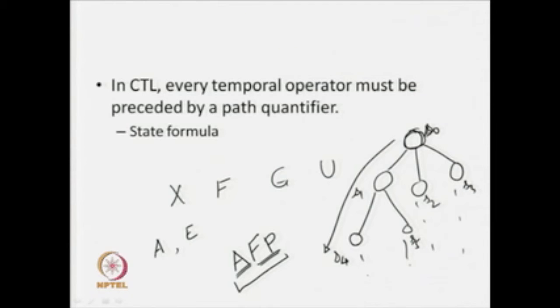If we talk about S0, say this is my model M, then whether model M in state S0 models A F P or not. That means the truth value of this CTL formula is defined over this particular state. So, CTLs are state formulas. Which one is a CTL formula? If every temporal operator is preceded by a path quantifier, then we say that this is a CTL formula.